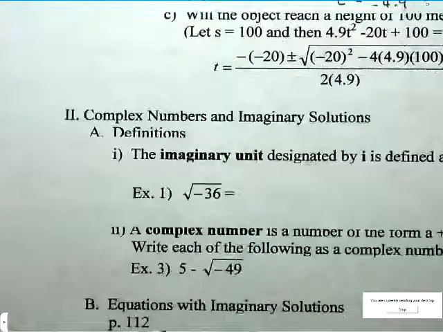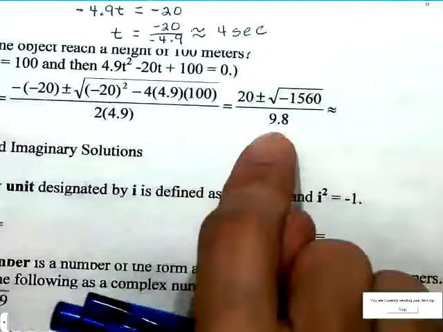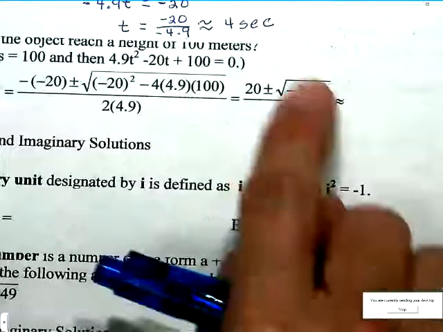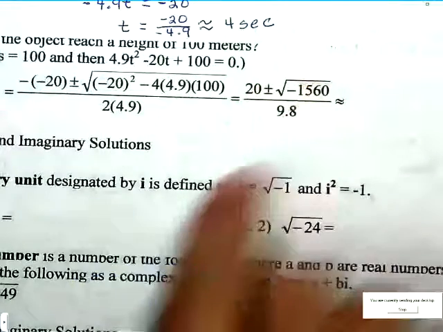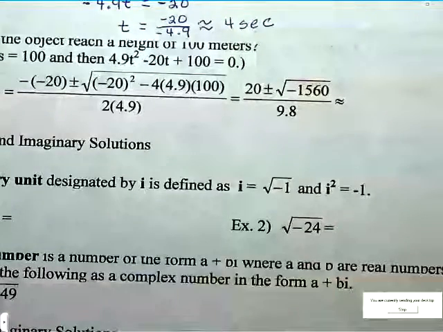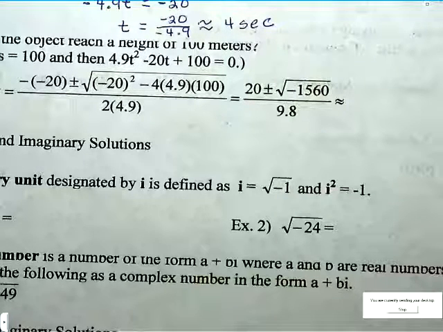In terms of this problem, what would it mean? How would you answer the question, when is the ball going to be 100 meters high, if you came up with this as your answer? No. There's no real value of t, or there's no time at which the ball is going to be 100 meters.